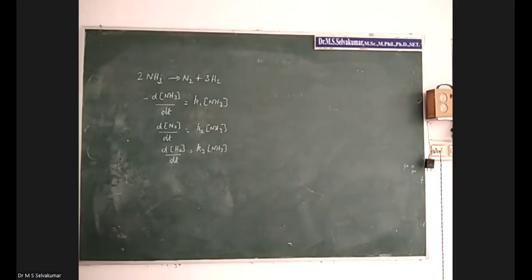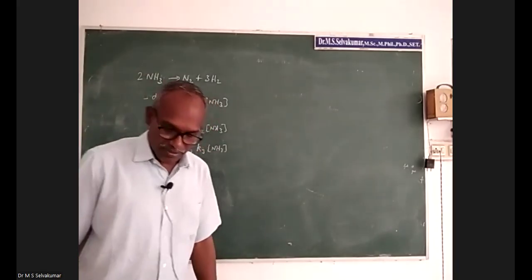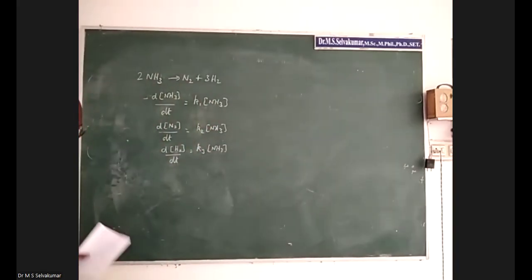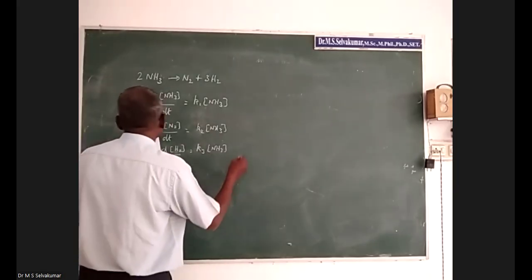The question asked is, as it was given in the previous question, the relation among K1, K2, and K3. That is the question asked. What is the relation among K1, K2, K3? Again, as usual, go to the fundamental principle. You write the rate expression.